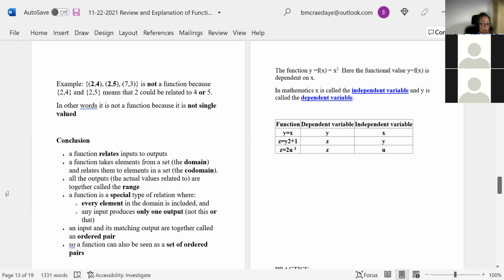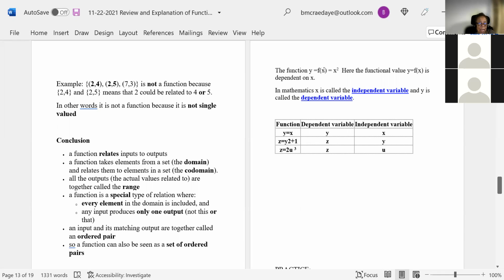The ordered pair is the input and its matching output. So a function is a set of ordered pairs. Now, independent variables and dependent variables.